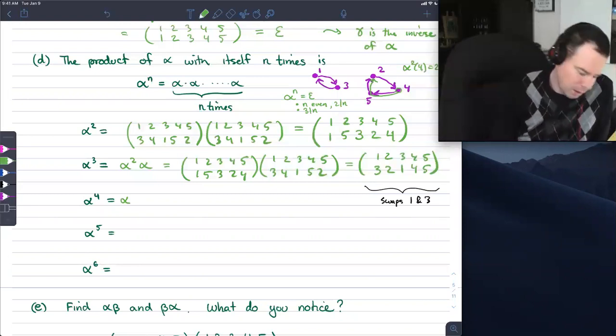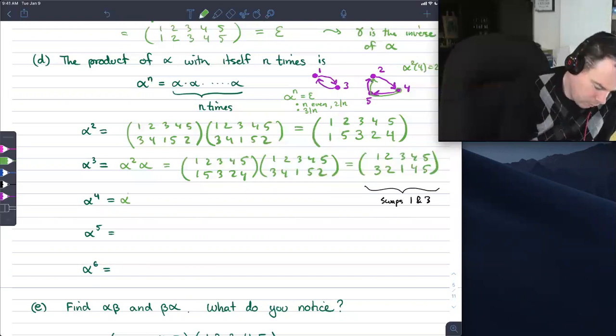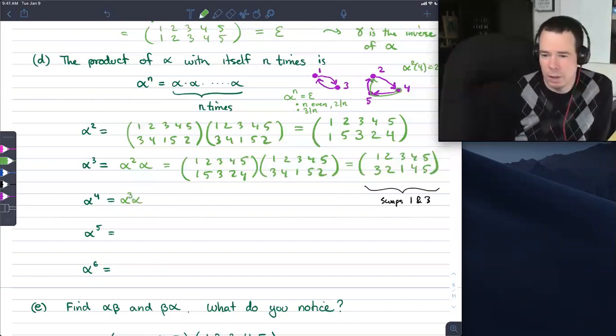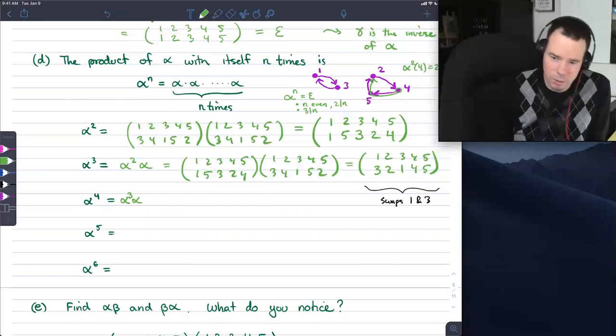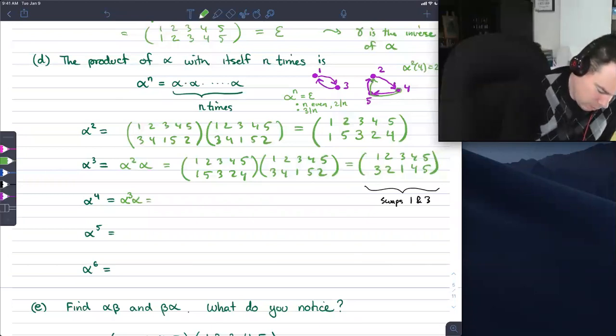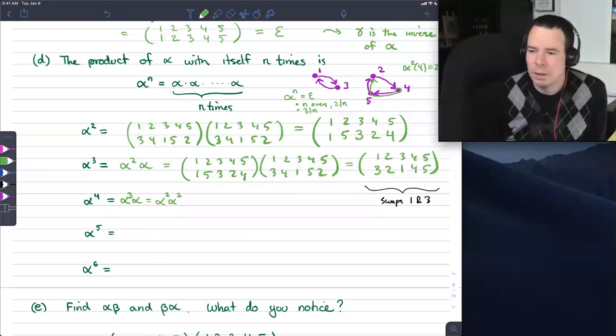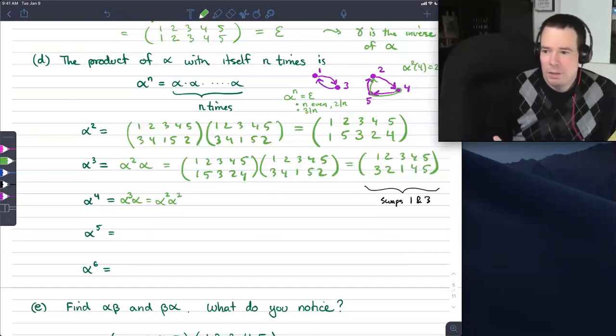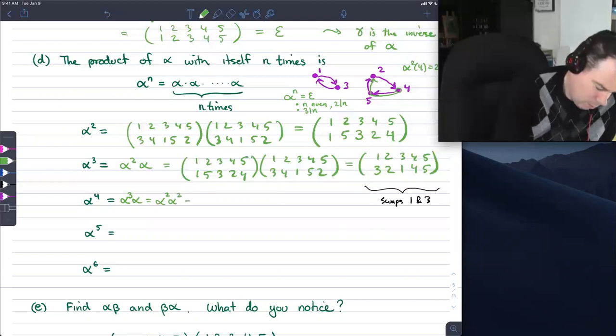I've already worked out alpha cubed, I just did it in the last line, so I could work out alpha cubed times alpha, and that's just a multiplication of 2 permutations. Or, as someone observed in the chat, this is also just alpha squared times alpha squared. And that might be even easier to work out, because that's just the same permutation multiplied by itself. So we might as well do that one to see what it works out to be.